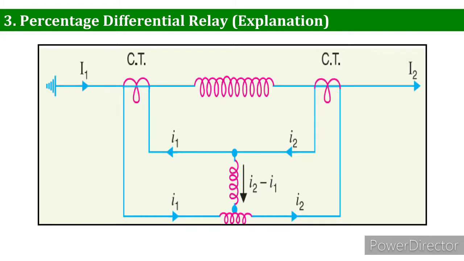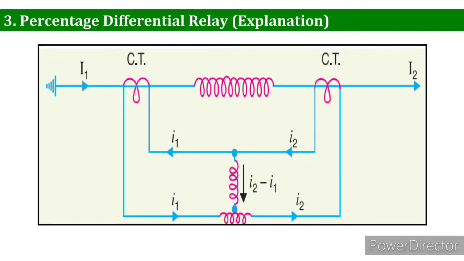While under a heavy load, a greater differential current through the relay operating coil is required for operation than under light loaded condition. So this is the very simple operation on which this percentage differential relay operates.